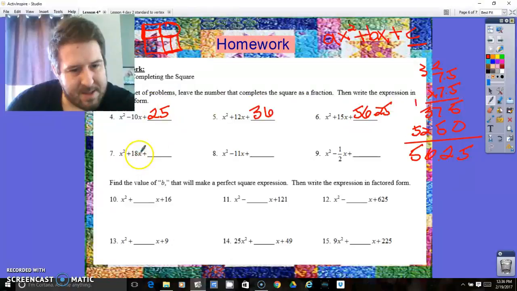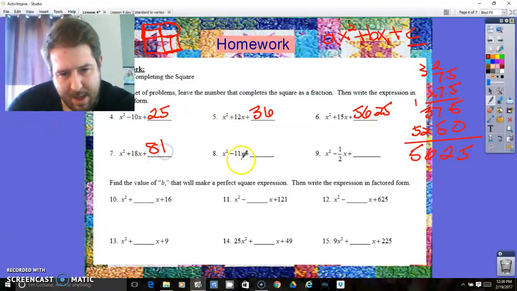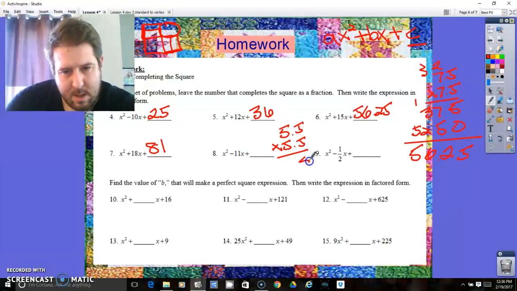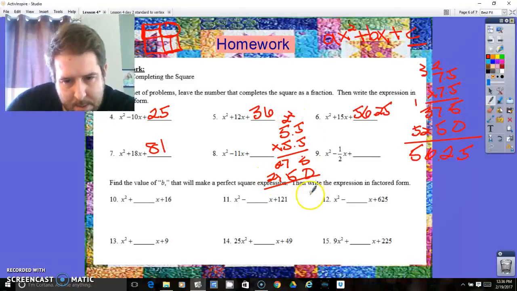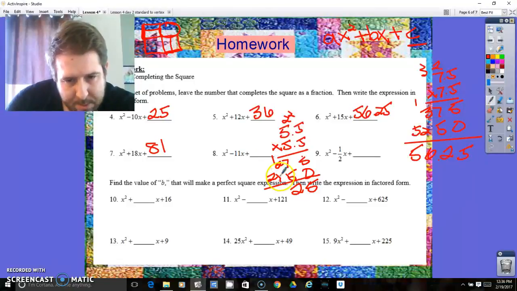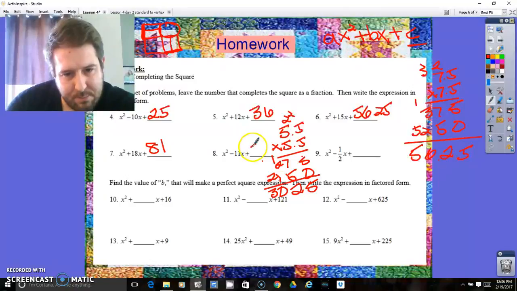All right, so half of 18 is 9 times itself is 81. Half of negative 11. It looks like we've got another decimal here, so that's 5.5 times itself. So it looks like 30.25.